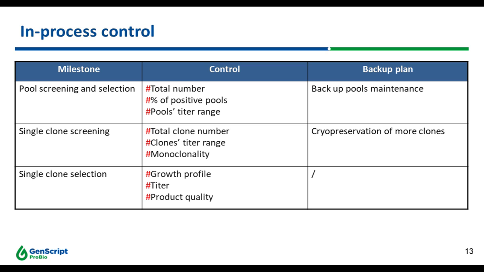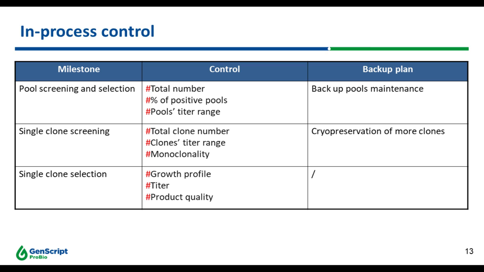Okay, and single clone screening is the same thing, but we also need to ensure their monoclonality, as I just mentioned previously. Okay, and for single clone selection, there are 3 criteria to consider. The first is the growth profile, then the titer, and then the productivity.